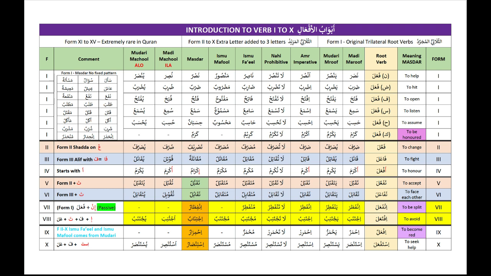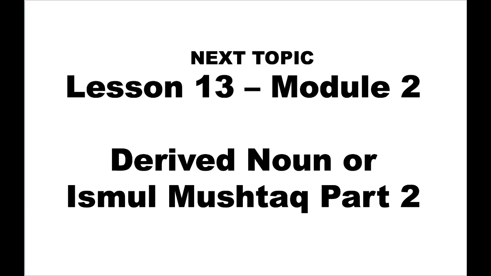Keep doing it as many times as you can with as many new verbs as you can. This is going to make you very strong, inshallah, in this interesting and most important lesson, which is particularly Form 2 to Form 10, to understand all these 9 conjugation, inshallah. May Allah make it easy for you.